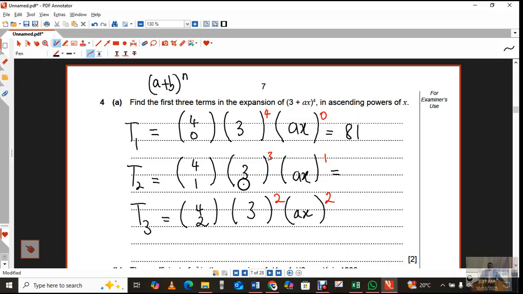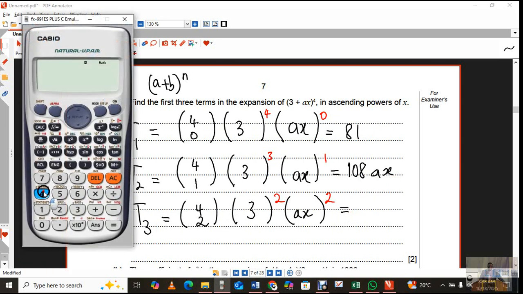When you multiply out here, you're going to get 27 times 4, which is 108. Of course, you're going to have 108ax. When you do this one, again, if you have a problem, you say 4 choose 2, times 9, times a²x².